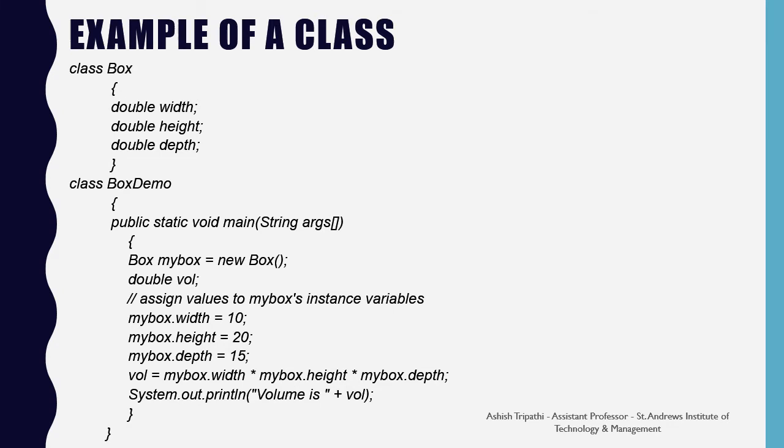A variable wall is also declared with no value assigned to it. Next, we see the assignment of different values to myBox object variables and finally calculating the volume from it. Then we print this calculated value with the help of the wall variable.